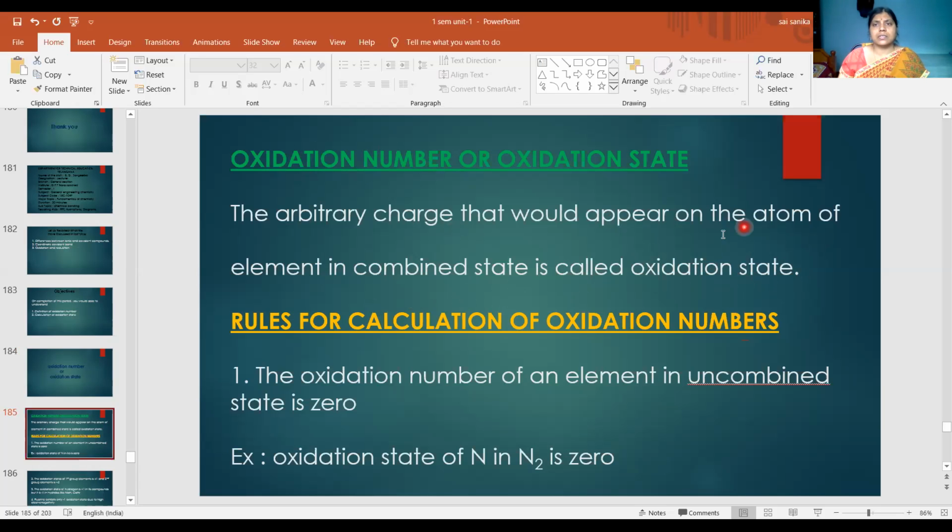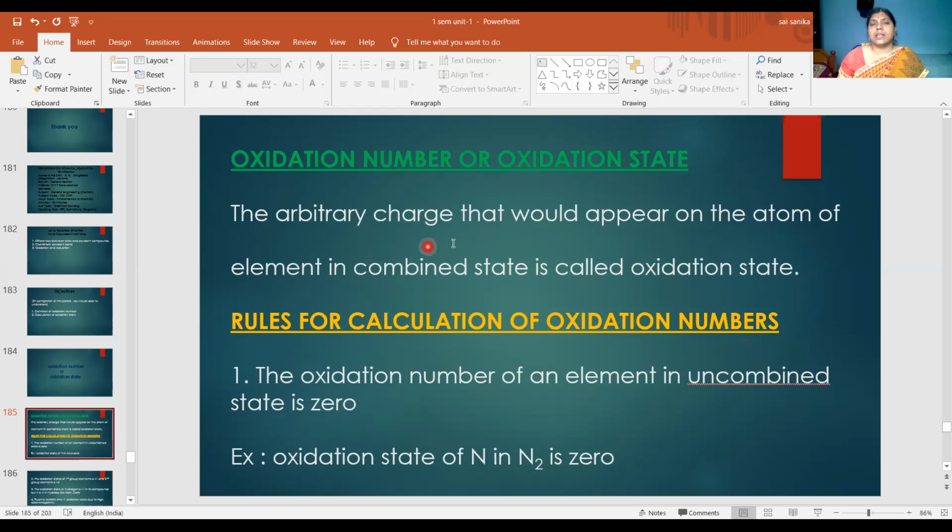That means the total charge that would appear on the atom of an element in combined state. For example, in NaCl, whatever the total charge present on that atom, that is called the oxidation state.